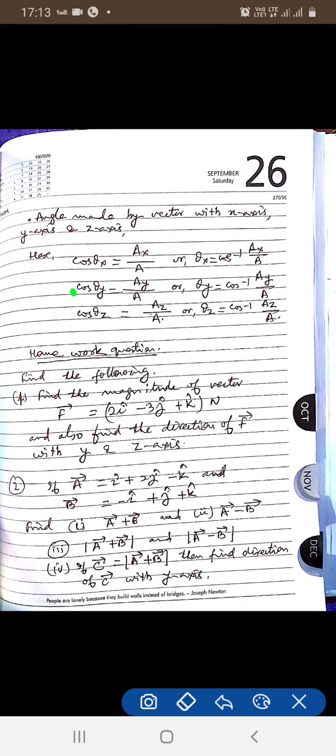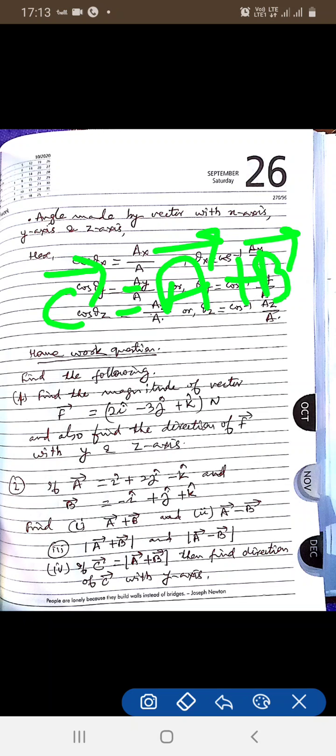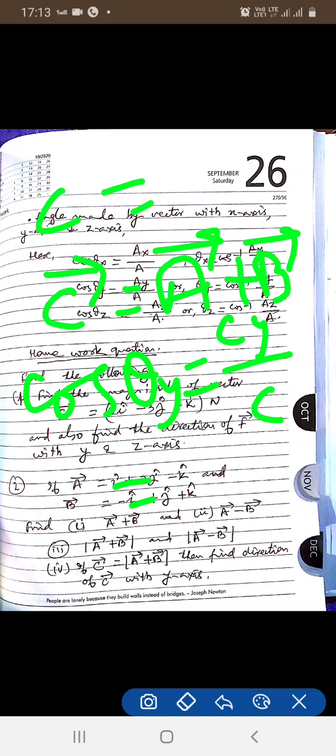So I again write, if vector C is equal to vector A plus vector B, then cos theta y is equal to Cy upon C, and you know vector C is only 3j cap.